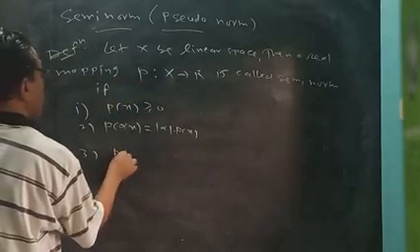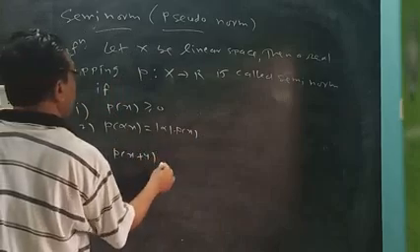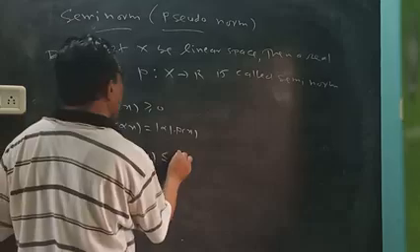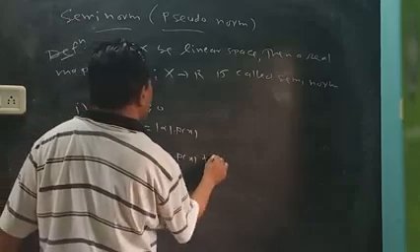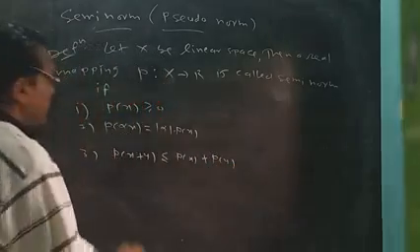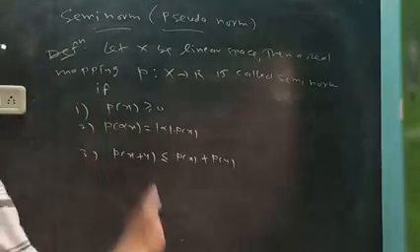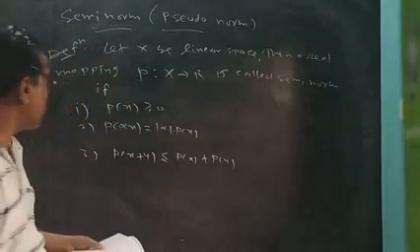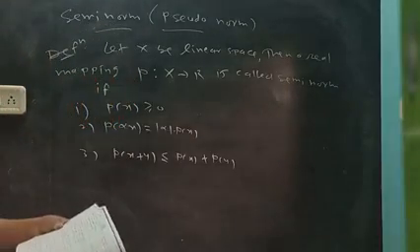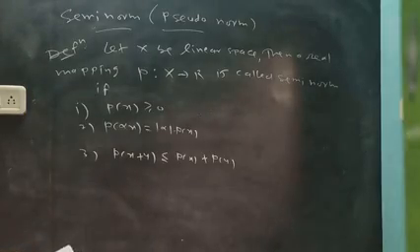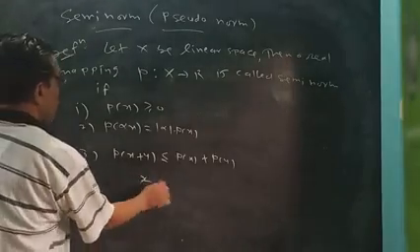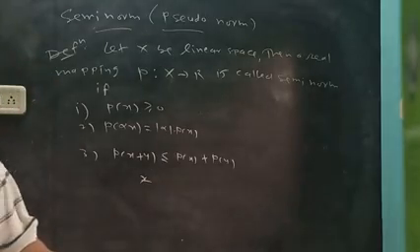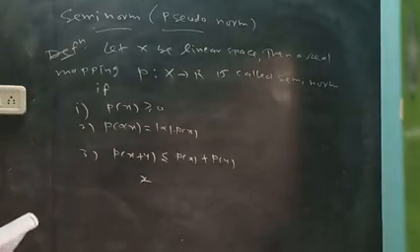Third, P of X plus Y is always less than or equal to P of X plus P of Y. So all three conditions hold except one extra condition in the norm, that P of X equal to 0 implies X equals 0, which does not hold. So this is called a pseudo norm or semi-norm.